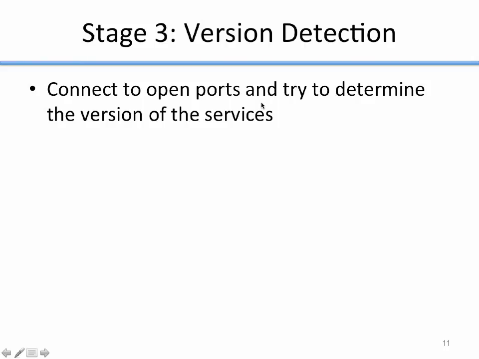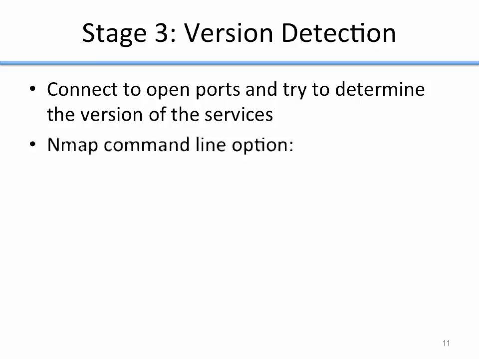So after I've done my port scanning, I move into stage 3, which is version detection. In version detection, I'm going to connect to the open ports that I found in stage 2, and I'm going to try to determine the version of the services that are running on those ports. Now the command line option for this is -sV.